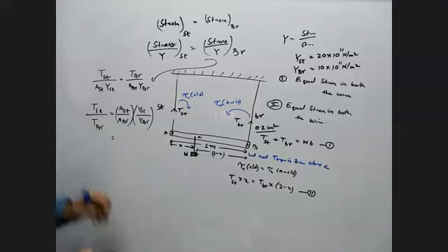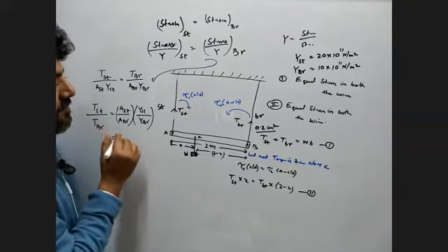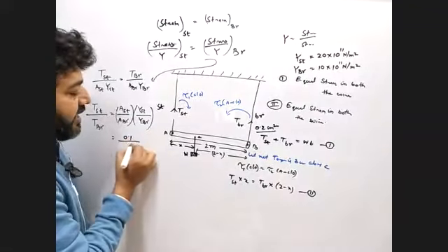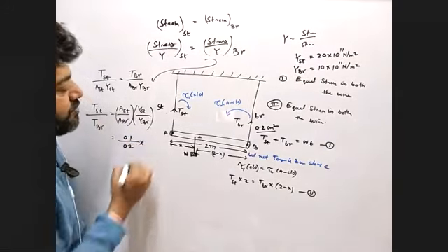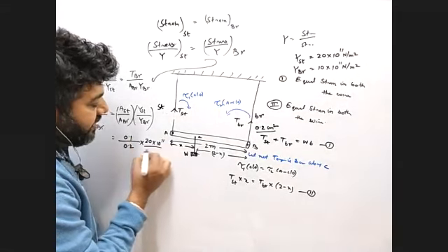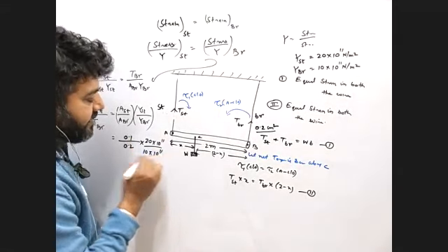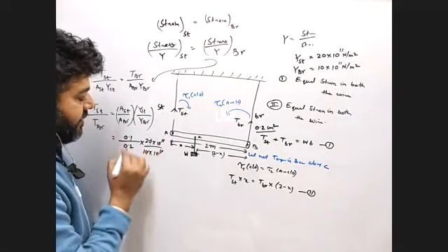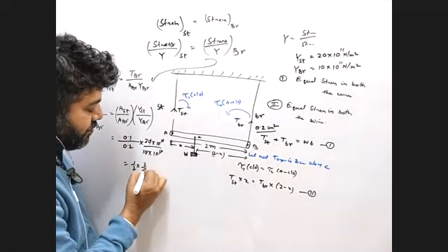So tension of steel by tension of brass, area of the steel 0.1 and area of the brass 0.2, Young's modulus of steel 20 into 10 to the power 11 and 10 into 10 to the power 11. So you can cancel them. So you have 1 by 2, 2 by 1, that is 1.